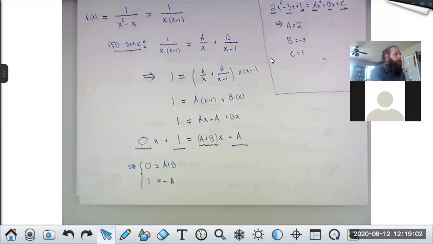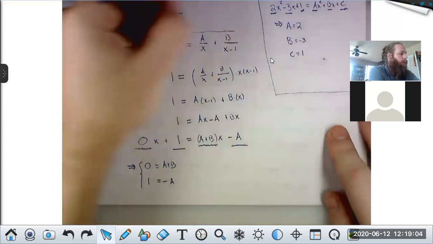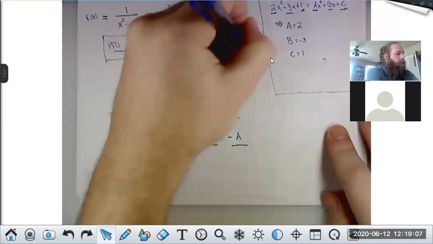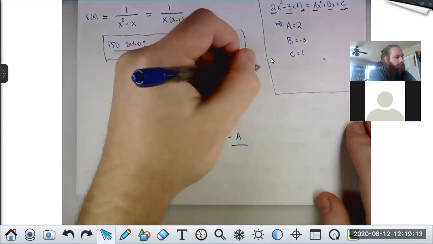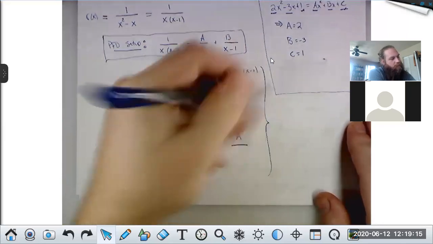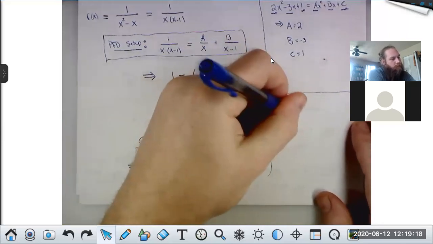So just to be clear about the terminology, this thing right here is what's called the PFD setup. This line and this line only, that's the PFD setup. And what I'm doing everywhere here is solving for the missing coefficients.